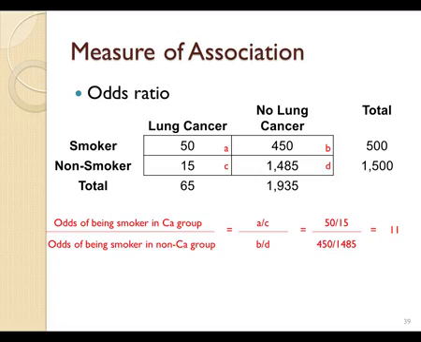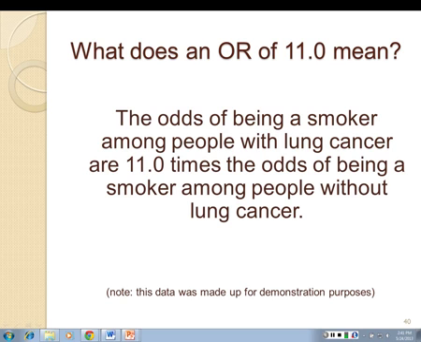We interpret an odds ratio of 11 as: the odds of being a smoker among people with lung cancer are 11 times higher than the odds of being a smoker among people without lung cancer. So this is exactly how we would interpret this odds ratio. The odds of being a smoker among people with lung cancer are 11 times the odds of being a smoker among people without lung cancer. And as I said, this data was made up.